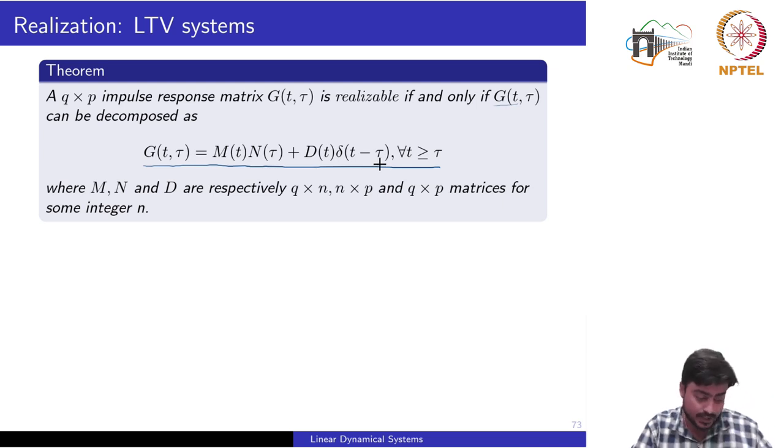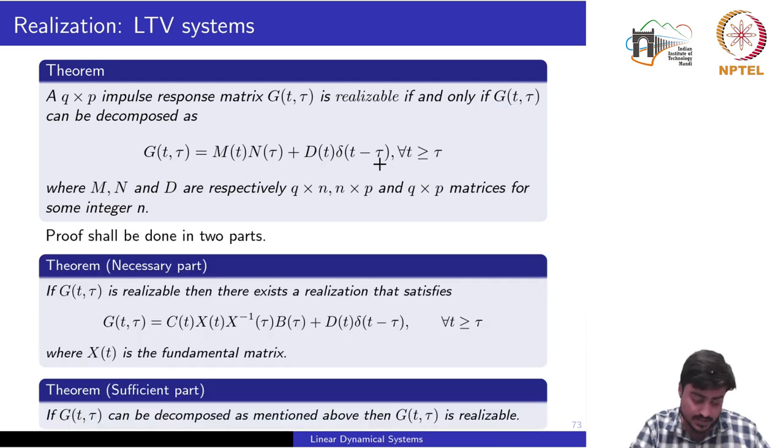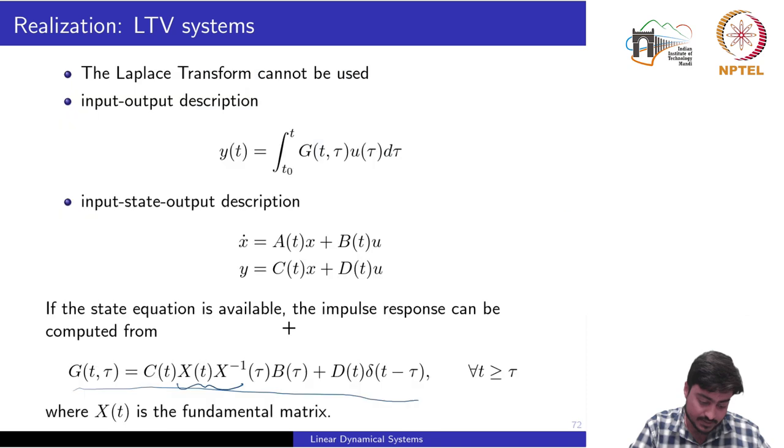Again, we will do the proof of this result in two parts. One is the necessary part, another is the sufficiency part. That if G(t, tau) is realizable, then there exists a realization that satisfies this one. This was the idea of introducing it here. Because if it is realizable or the state equation is available, then I can express the impulse response matrix using the parameters of that state equation, meaning to say that there exist some parameters.